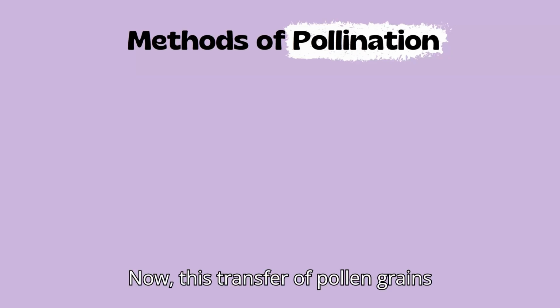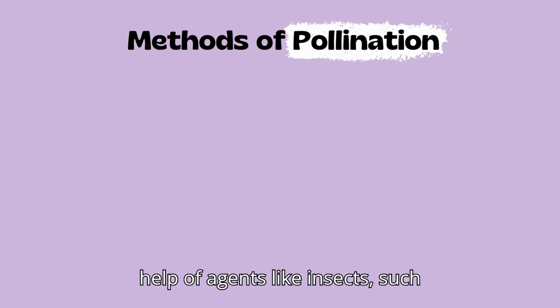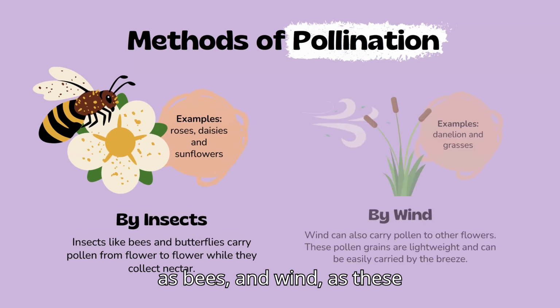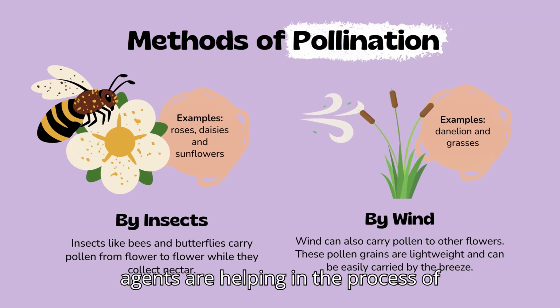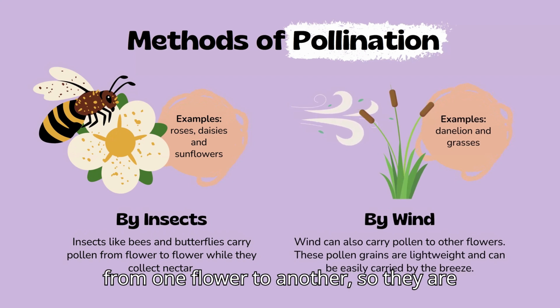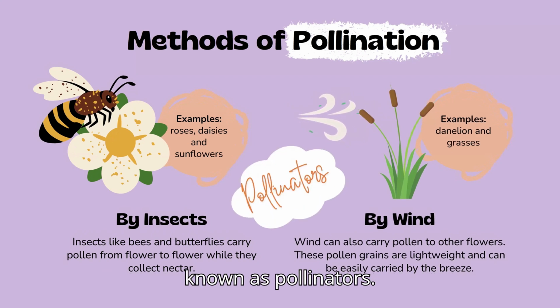Now, this transfer of pollen grains between flowers can take place with the help of agents like insects, such as bees, and wind. As these agents help in the process of pollination, that is the transfer of pollen from one flower to another, they are known as pollinators.